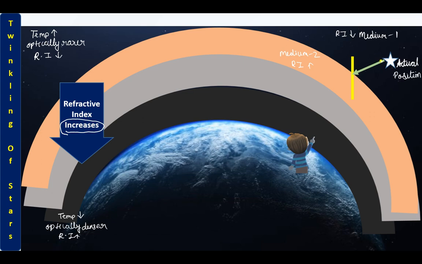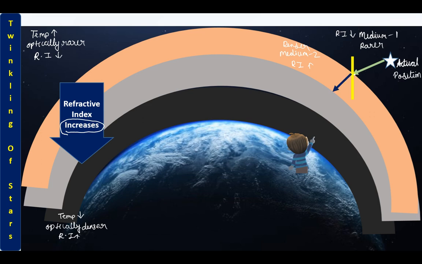What do you think? Here this ray of light is traveling from a rarer medium to a denser medium, right? Medium 1 is optically rarer and medium 2 is optically denser. So this ray of light will bend towards the normal.